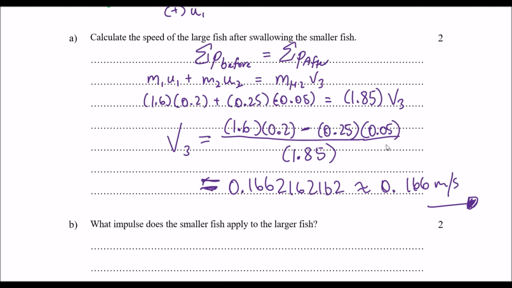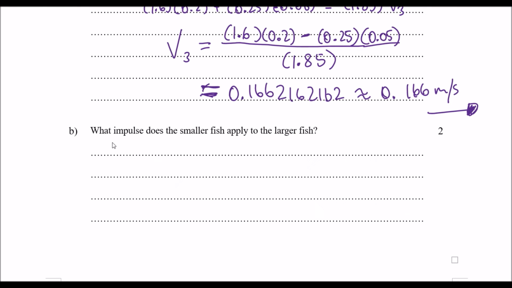Okay, so that's done. What impulse does the small fish apply to the larger fish? So we want to see the impulse that the larger fish experiences on its collision. Now, impulse is the same thing as saying the change in momentum. So change in momentum is mass times change in velocity.